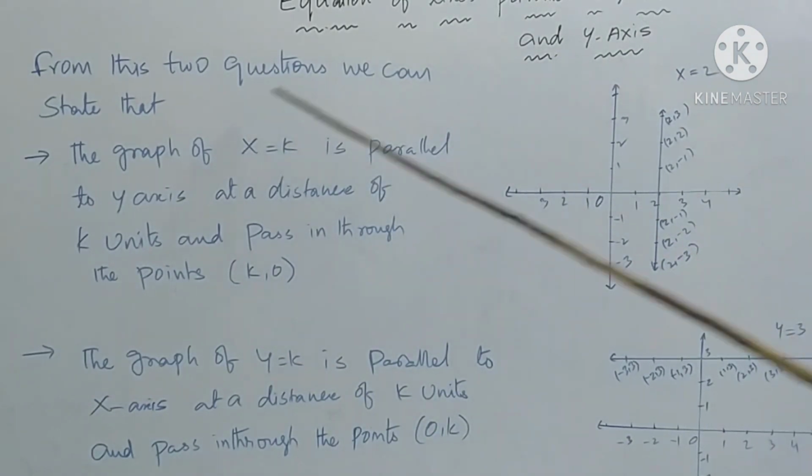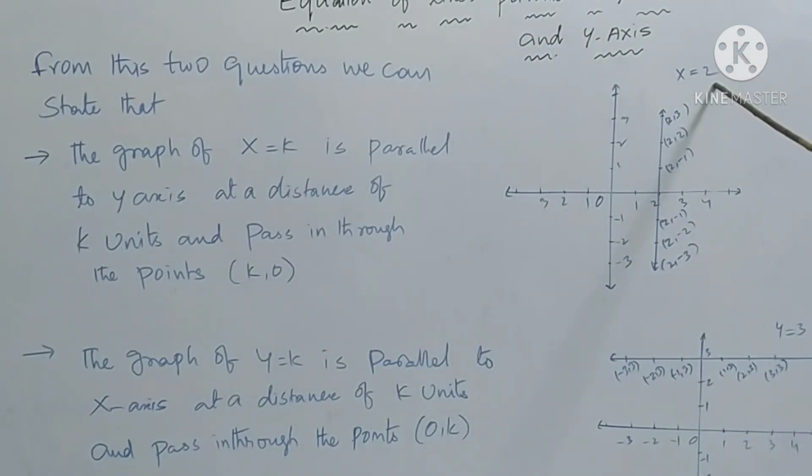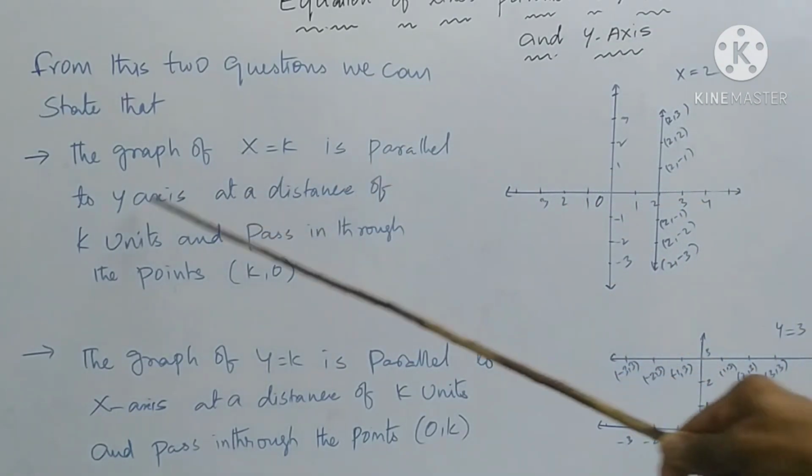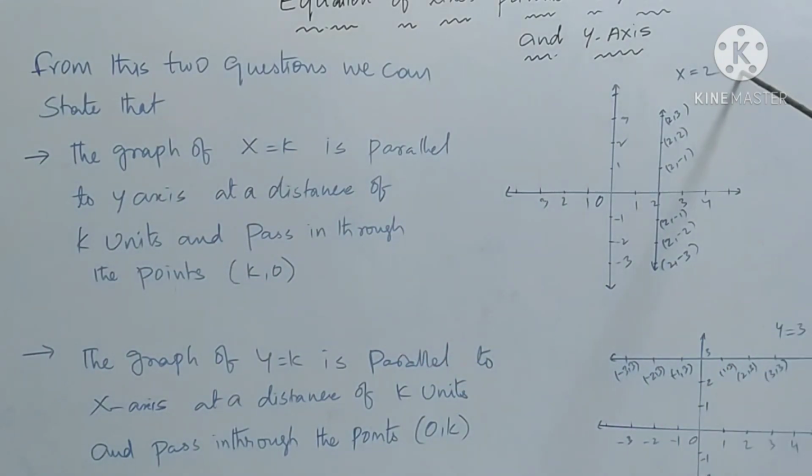So take one example, x is equal to 2. Here it is parallel to the y-axis and at a distance of k units, meaning here x is equal to 2. At any point, here 1 to 2, here 3 to this point, here minus 1 to this point, here minus 2 to this point, the distance between the y-axis and our graph is 2 units.